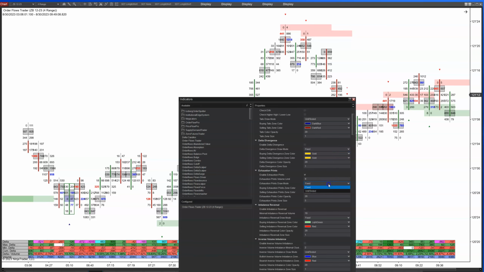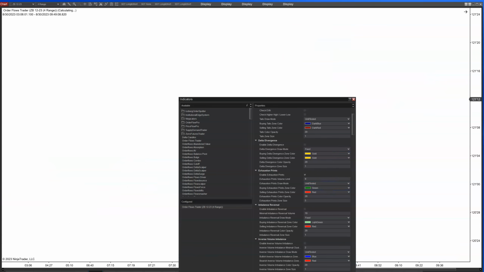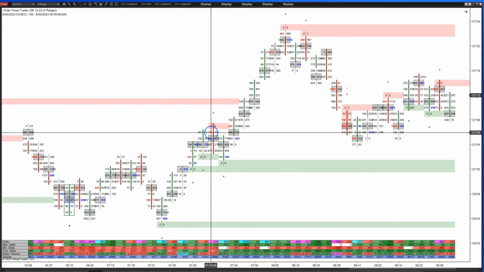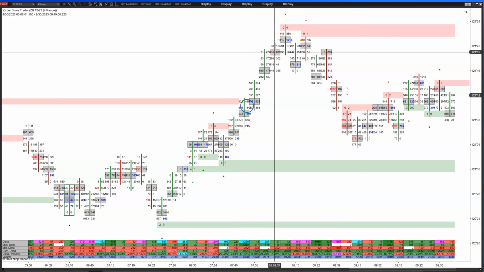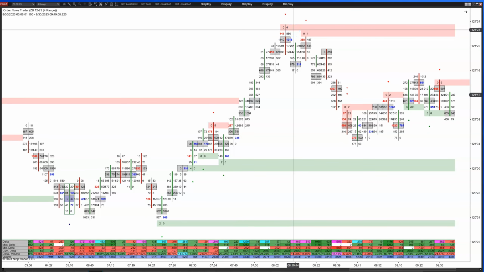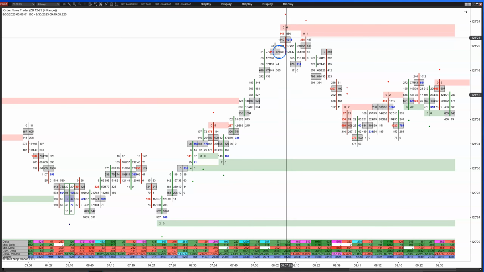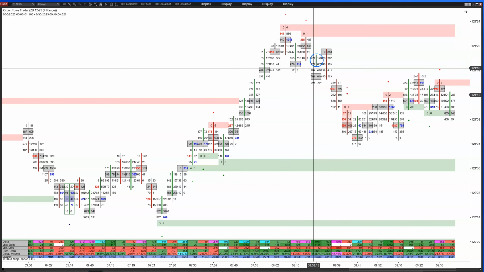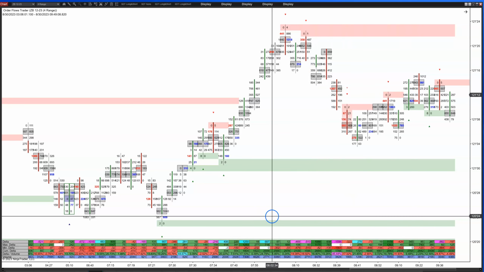I like to draw it out what we call until tested. Basically, what that does is it draws out that zone until it's tested. This has been part of my trading for a long time using a footprint chart. And oftentimes, you see them intraday during the moves up or the moves down or pullbacks.